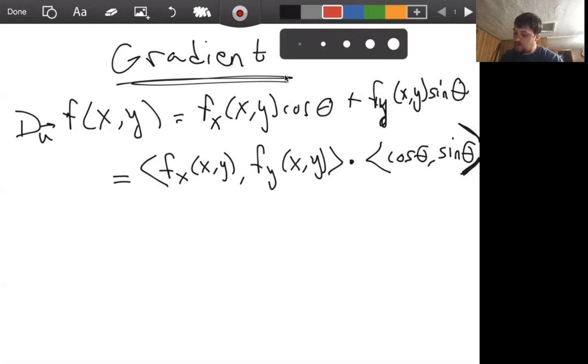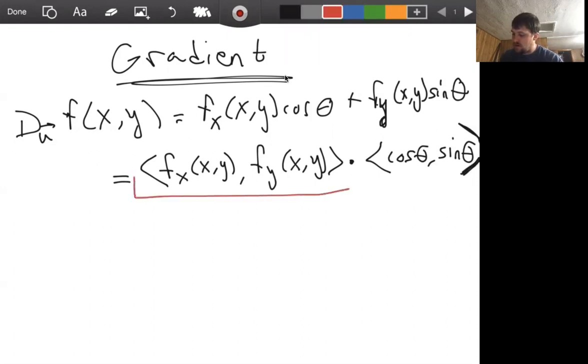We're interested in this vector that's composed of partial derivatives, where the x component is the x partial derivative, and the y component is the y partial derivative. We have a special notation for this, and it's said grad f.